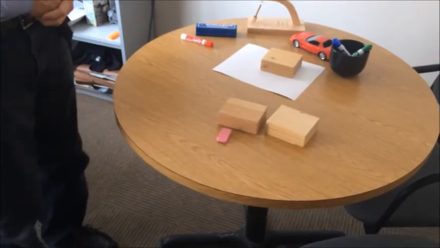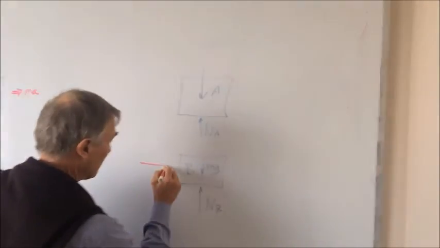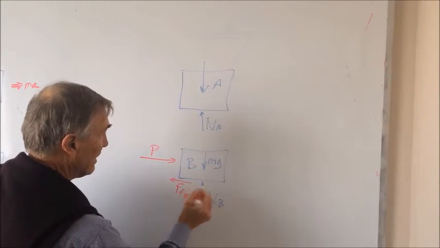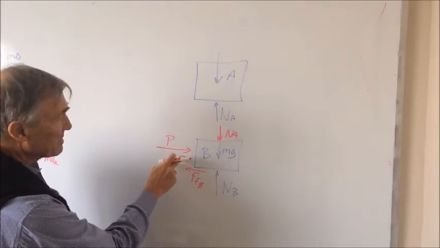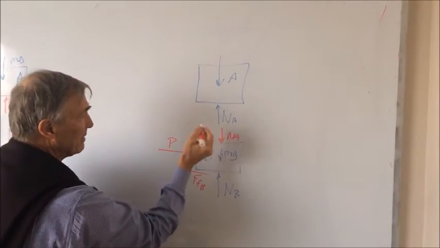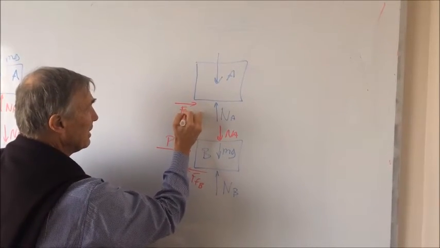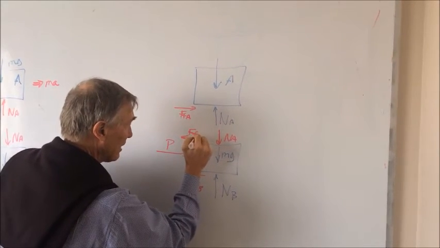onto the table. So let's draw a free body diagram of that. What's going on here is I'm pushing here with a force P. There's clearly a force of friction at the bottom. And there's a normal force that's made here. What makes the top block move forward is the force of friction between the two, which then goes equal and opposite on the bottom block.